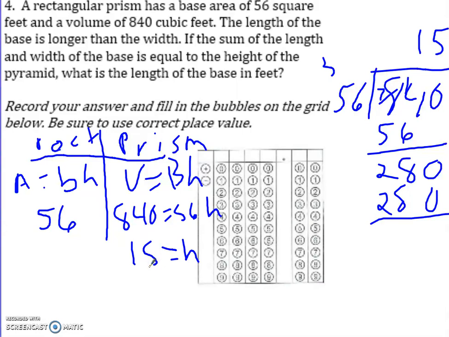Okay, and it says the length of the base is longer than the width. And it says what is the length of the base. It also says the sum of the length and width is the height. So if we said 7 times 8, the base is longer than the width, so it would be 8.